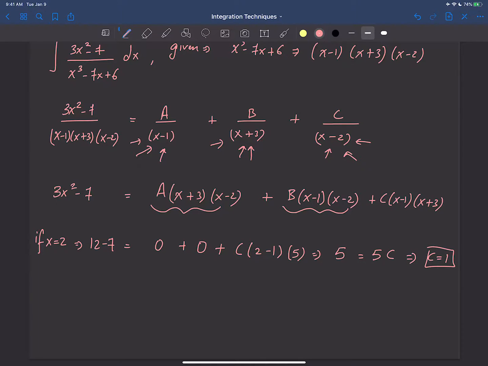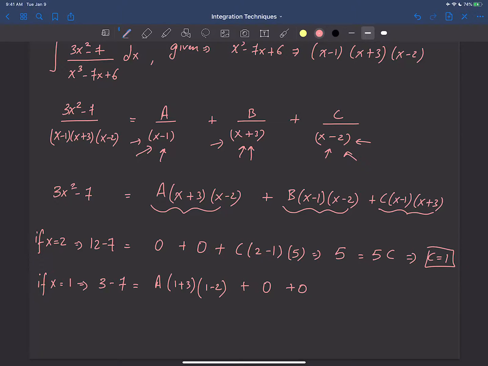Let's do the other. Let's try to shut off the b factor now. When you try to shut off the b factor, you pick x equals to the other one, so x equals 1. When we pick x equals 1, the left side will become 3 minus 7. The a term will survive, so 1 plus 3 and 1 minus 2. The b factor will go to 0 because that's the point we want to shut it off, and the c term also has an x minus 1, so that will also become 0.